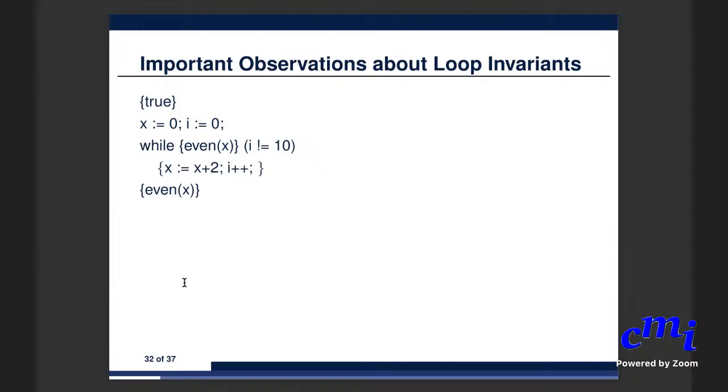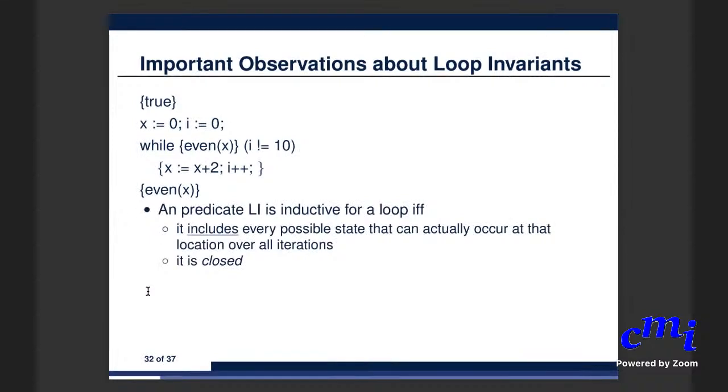So we already defined what a loop invariant is: a predicate LI that has to be inductive. There are two things that you can observe for a loop invariant. It includes every possible state that can actually occur at that location with which LI is associated, over all iterations.